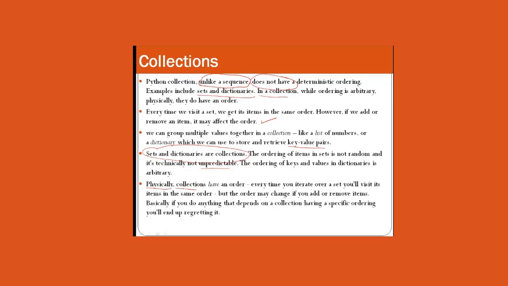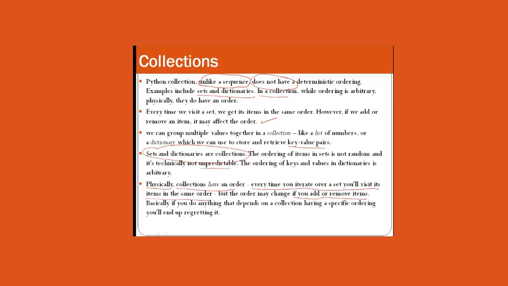Every time you iterate over a set, you will visit its items in the same order. As I have already told, once you are retrieving, it has an order, but the order may change if you add or remove items. So basically, if you do anything that depends on a collection having a specific ordering, you will end up regretting it, because in a collection you do not have the specific ordering.